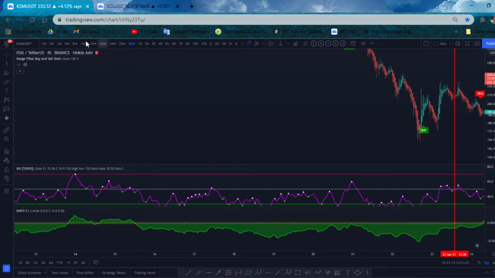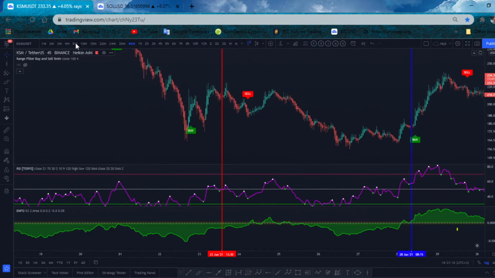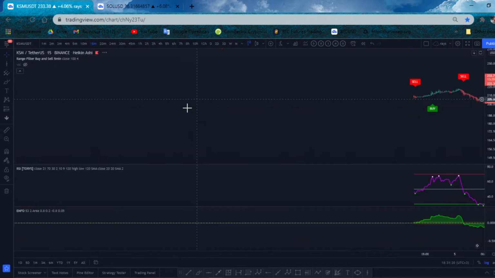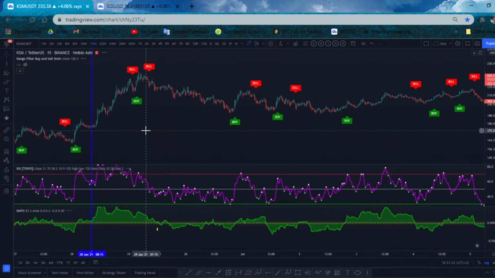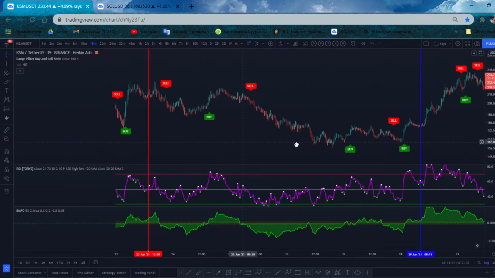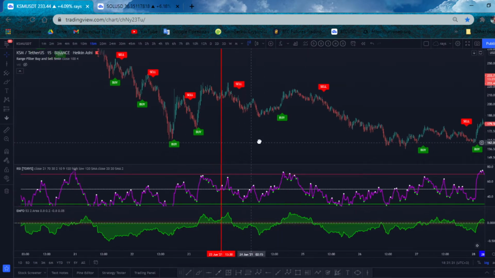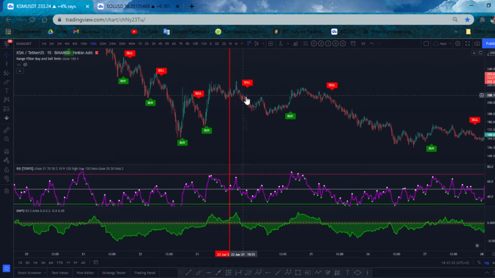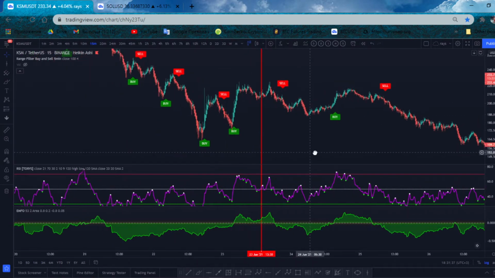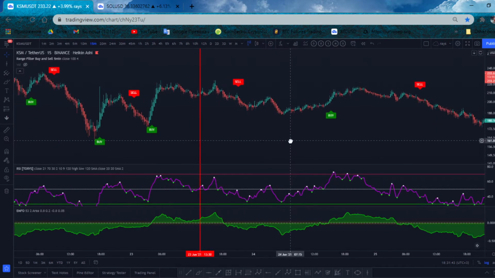I'm scanning at that point on the lower time frames. So from curiosity, let's see what's happening on the 15-minute chart. Sorry for the whack. On the 15-minute, right here, what we are seeing actually is not good enough to spot it.